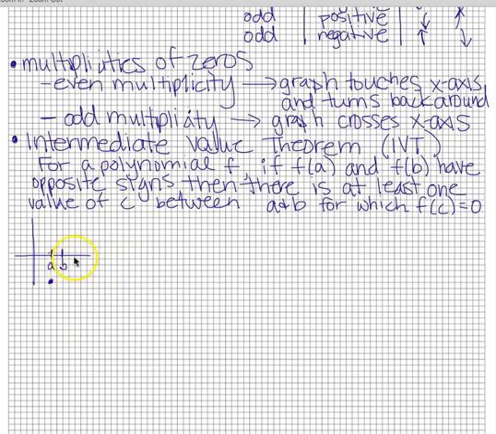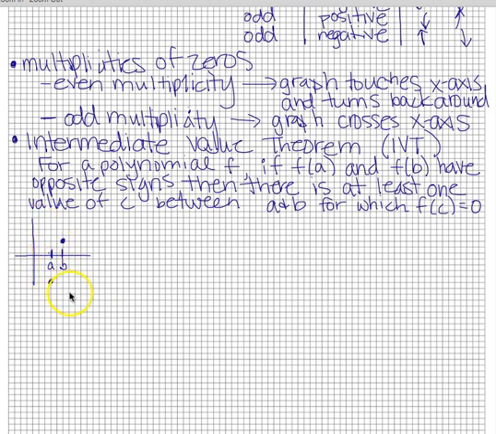And f of b, meaning the y coordinate when the function has an x value of b, is right here. So when the y value of a and the y value of b have different signs, this y is positive, this y is negative. Of course, it could be the other way around.